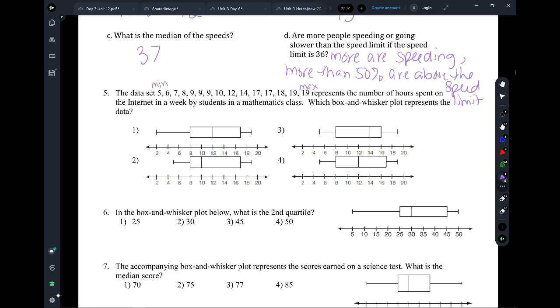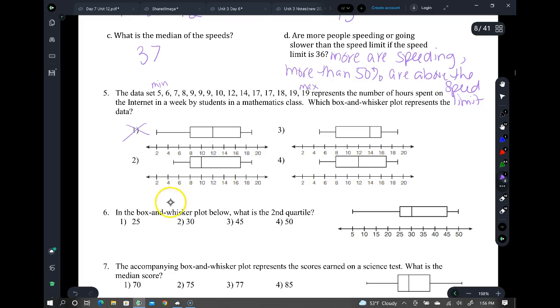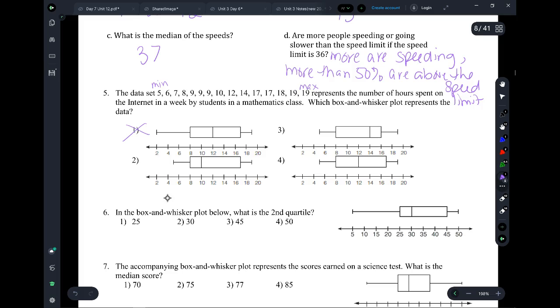It looks like I can at least get rid of 1 because that has a minimum at 2. Everything else looks like it's going to be from 5 to 19. So we're going to need to type this one in our calculator. So what I'm going to do is I've narrowed it down. I'm going to pause. I would like you guys to try this one and see if you can match the box and whisker, and I'll tell you what the answer is after.